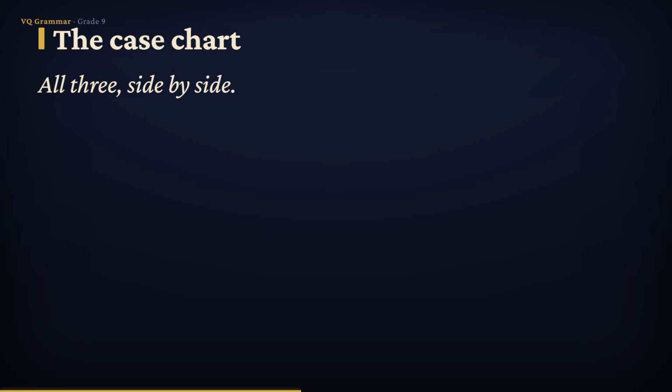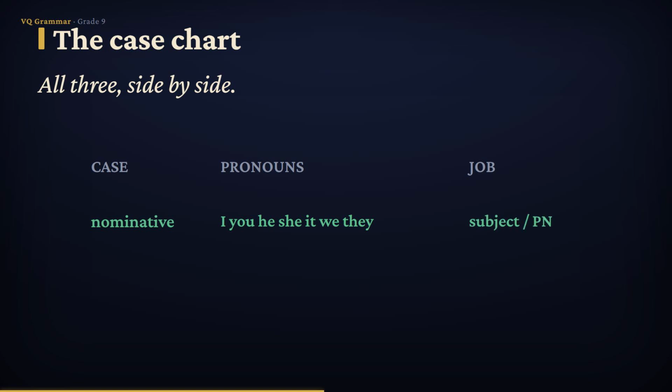Let's put all three cases in one place so you can see the whole system at a glance. Reading across, each row is a case, its pronouns, and its job. Top row, nominative. I, you, he, she, it, we, they. The subject or predicate nominative.